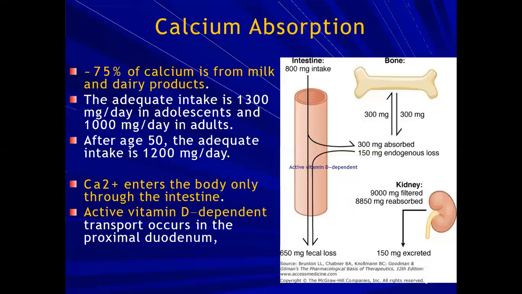So that means calcium absorption is dependent on vitamin D, and it takes place in the proximal duodenum.